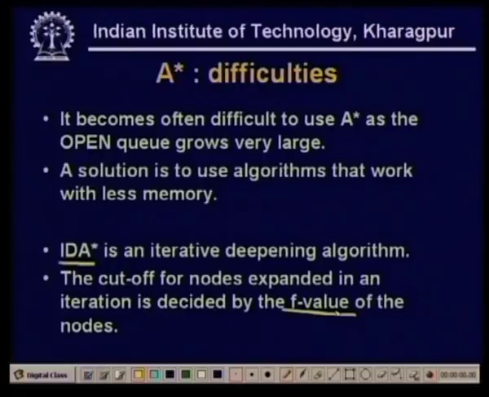We fix a limit of the f value, and in an iteration we only expand, in a depth first manner, those nodes whose f value is less than or equal to this f limit. In the next iteration we increase the value of this limit.